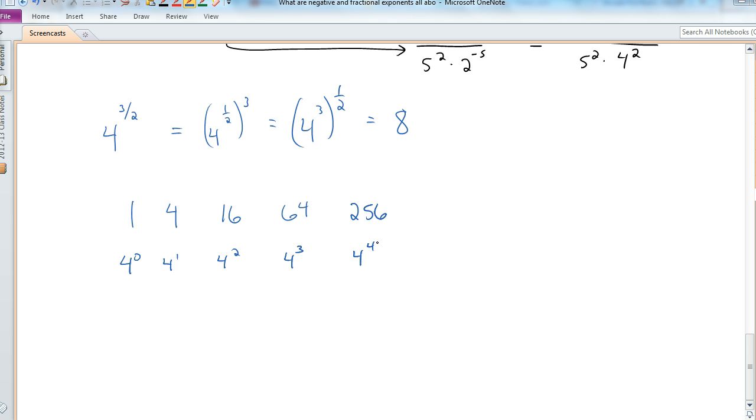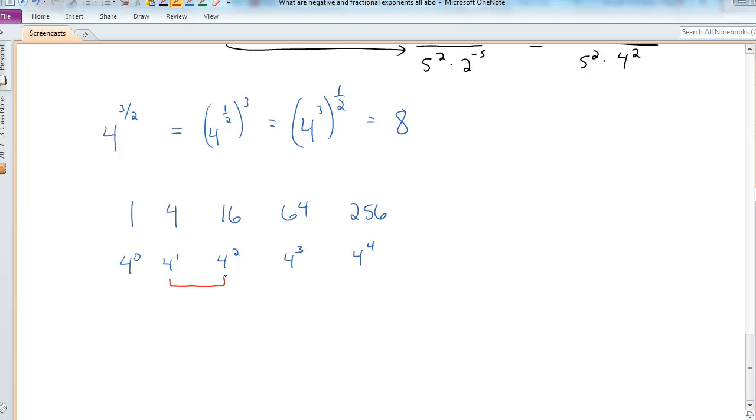And I'm asking for the 3/2 power, which is really 4 to the 1/2. So the number is certainly going to be between 4 to the 1 and 4 to the 2. It's going to be somewhere in here. And it's going to be halfway between 4 and 16.